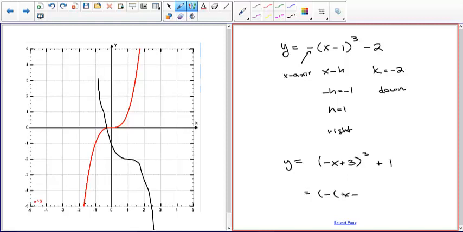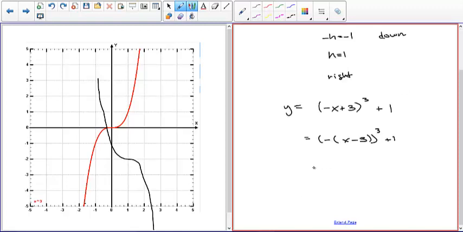So that'll be negative the quantity x minus 3, cubed, plus 1. So this means a y-axis reflection. And you've got x minus h, so negative h equals negative 3, or h equals 3. So that's to the right 3 units. And k is equal to 1, so that means up 1.